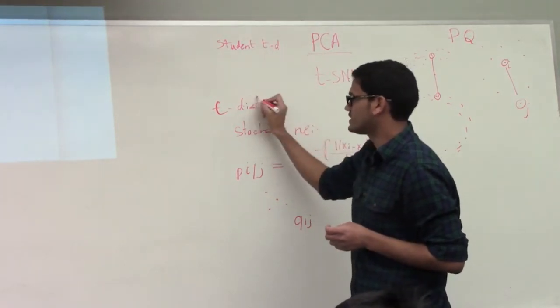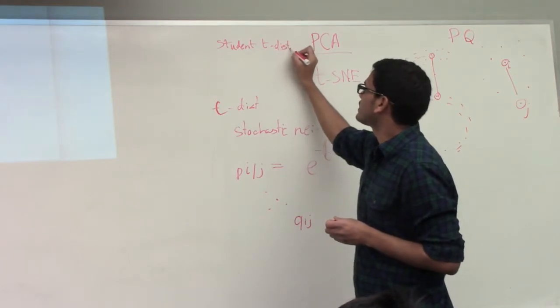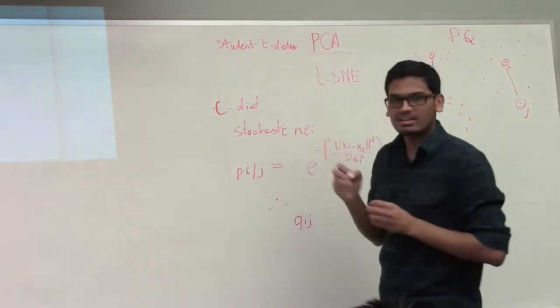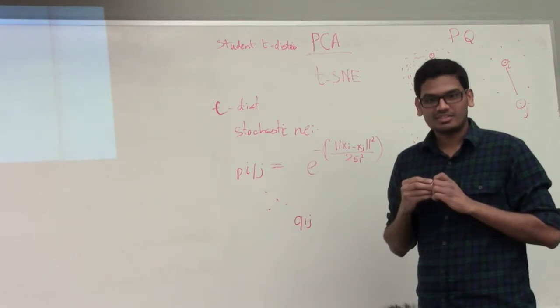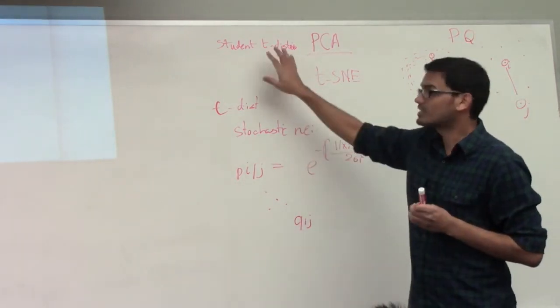That's why there is a T in the name. If I actually knew statistics, this is a very well-known distribution. It has some nice properties, but I have no idea what they are because I don't know statistics.